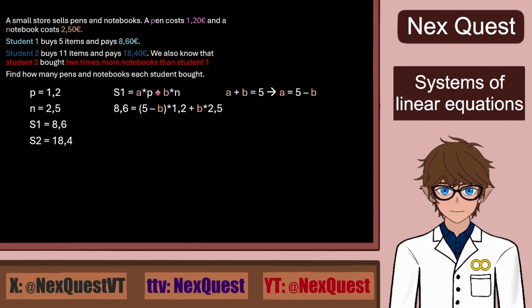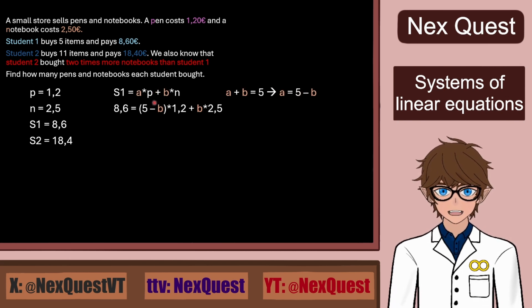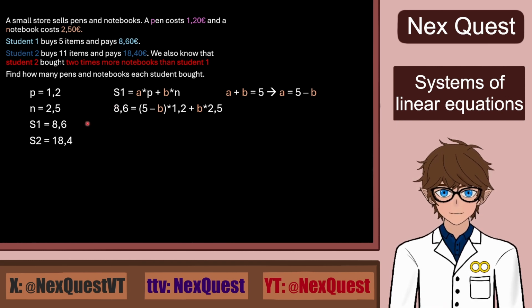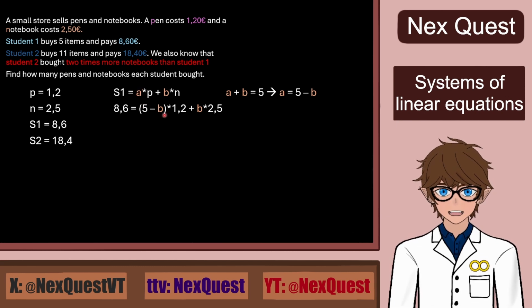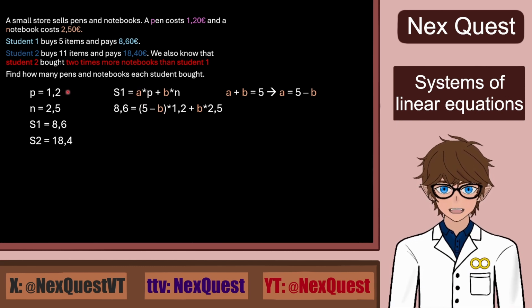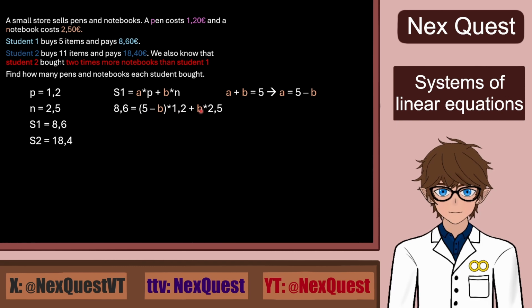Now let's color all the variables with orange, so it's easy to keep track, and we insert this expression instead of A. So 8.6 as S1 is A, or 5 minus B, times the value of a pen, which is 1.2, plus B, the number of notebooks, times the value of a notebook.